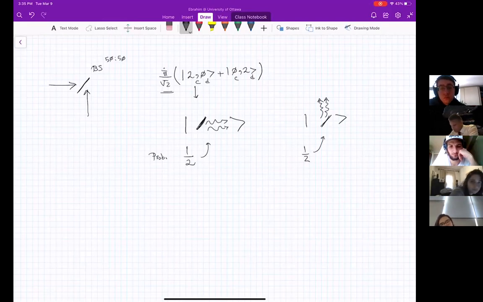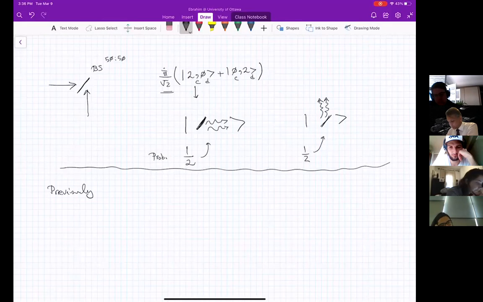Good. So now the question is that we have to prove to people that we do have the probability of increasing those photons to 50%. Previously, what we had, if the 2 photons were distinguishable photons, what is happening?